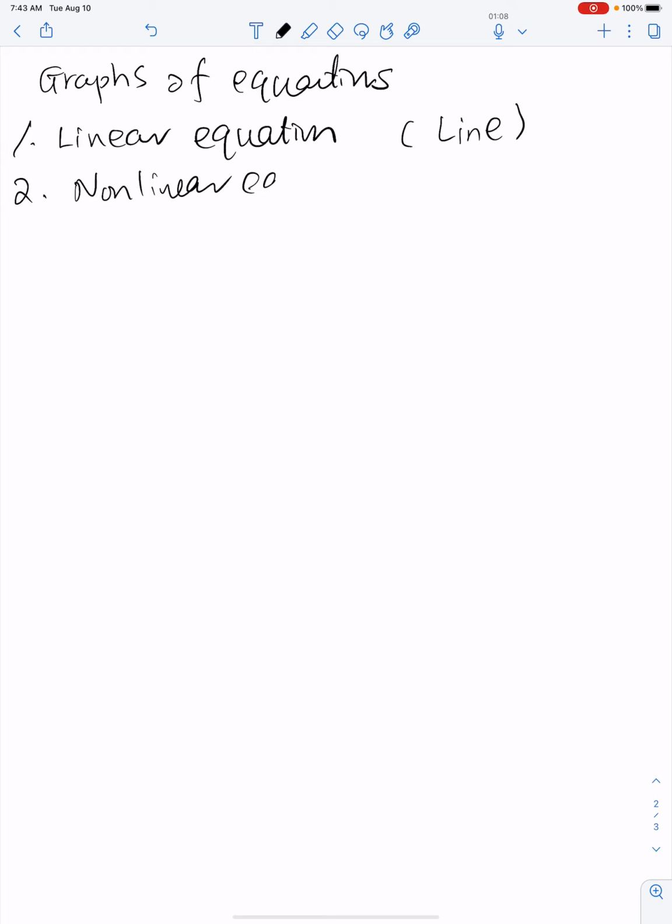We have linear equations. Do you know what a linear equation means? That's our favorite line. Then non-linear equations, for example, a parabola, or any others. There are several equations that we need to be super careful about.